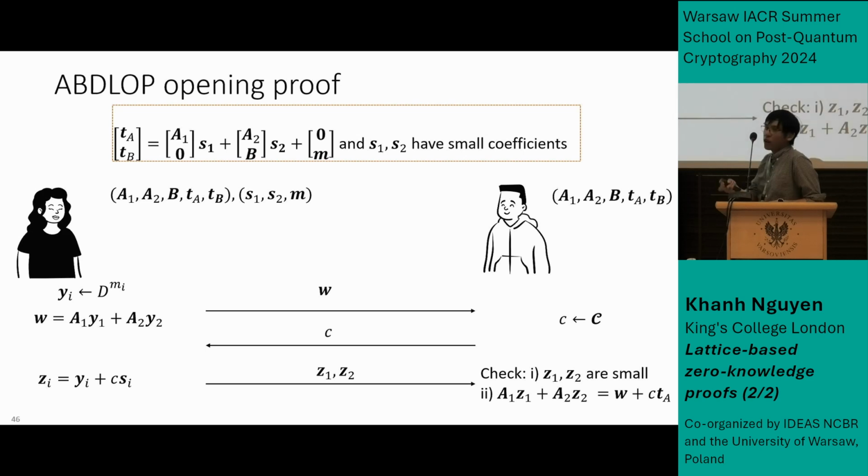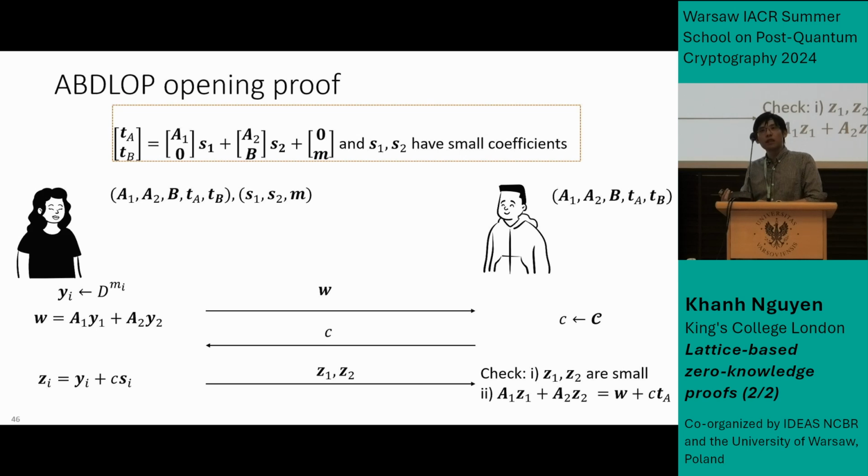Okay, any questions so far? So that was just the opening proof. I just don't quite remember why there is only a single message in the first round. Why can we combine? In the first round we just sent the W, and in the third round we send two values.